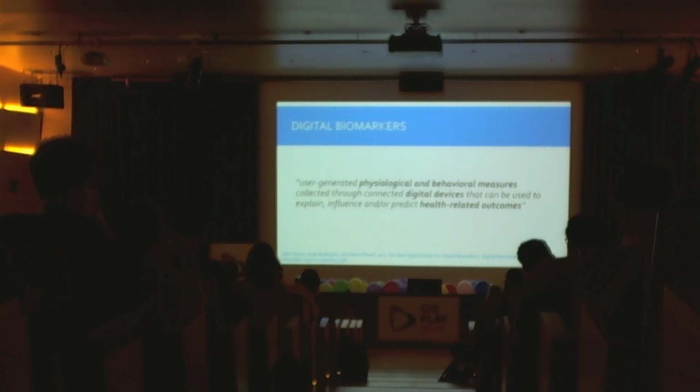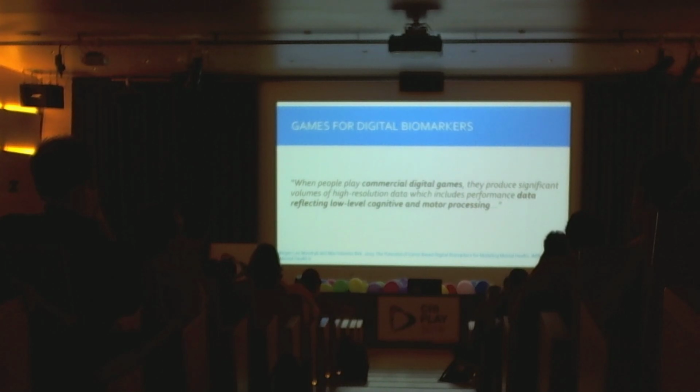I found a paper from two fairly unknown researchers, perhaps you do know them, Mendrack and, no, it's awesome work from them, which vouches to use games as digital biomarkers to find low-level cognitive and motor processing functions.